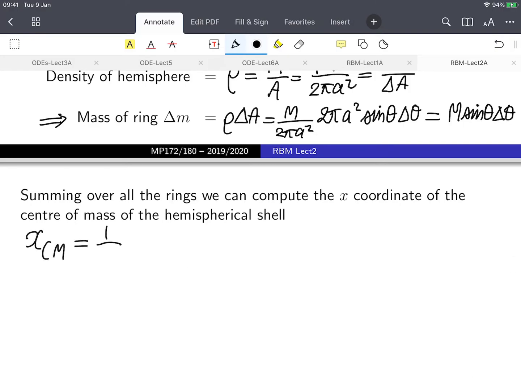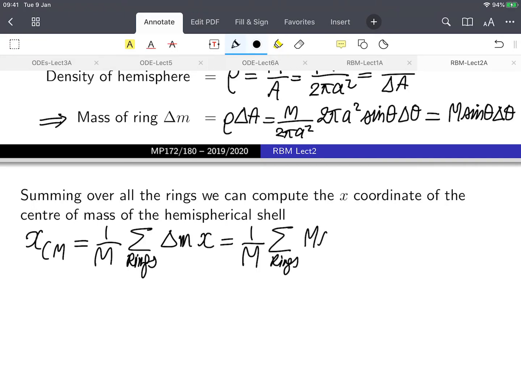It's going to be 1 over M sum over all the rings of delta M times x, which, like I just saw, is M sine theta delta theta, and x is the position of the center of mass of each ring, which is A cos theta.